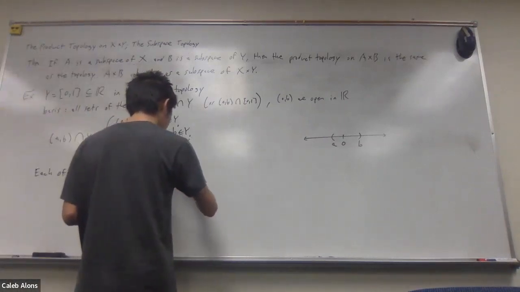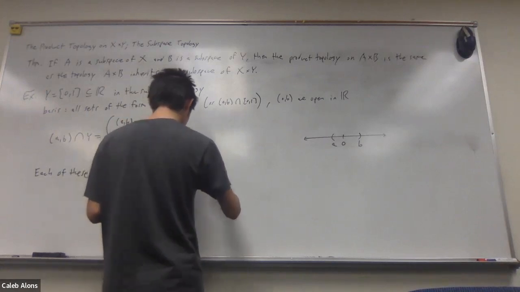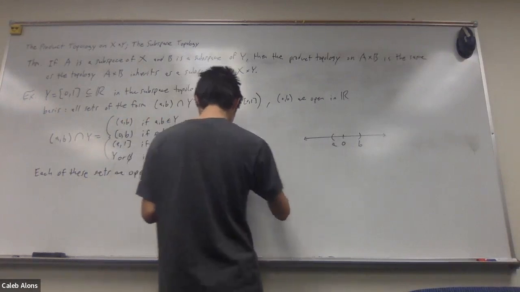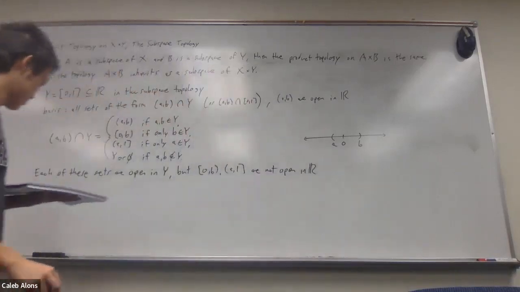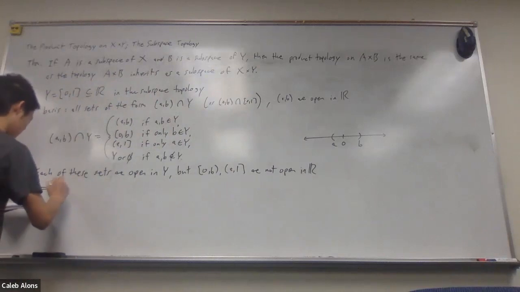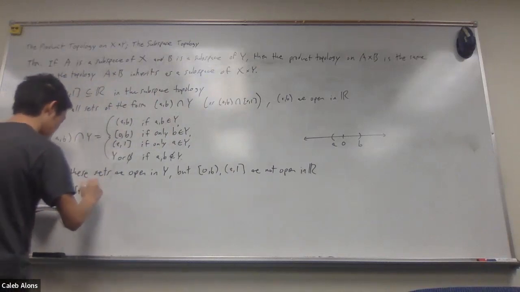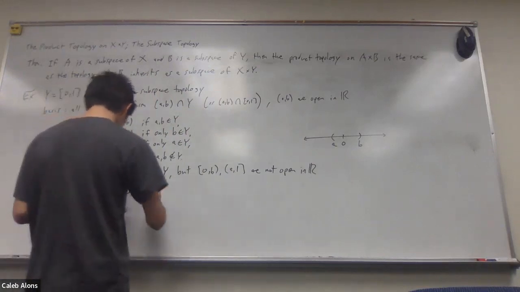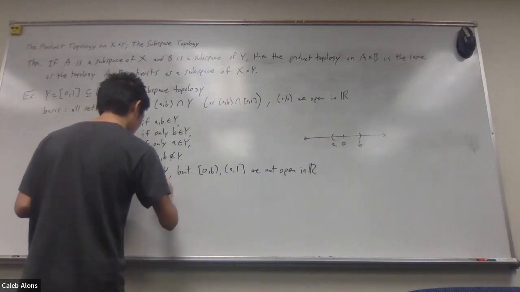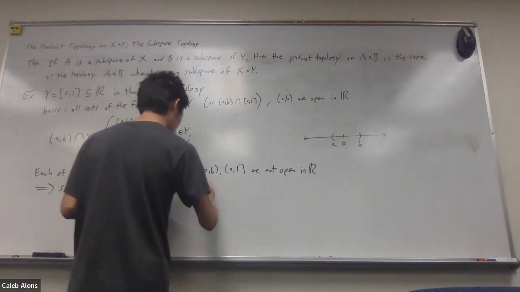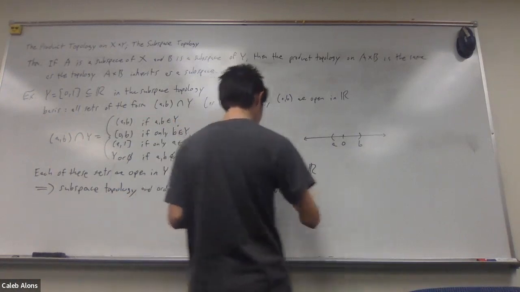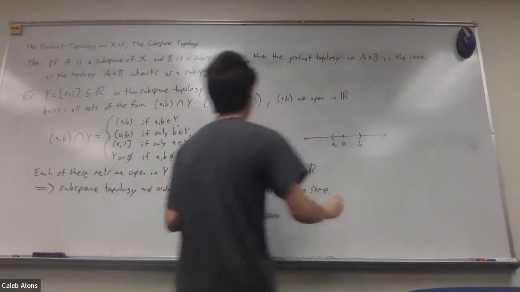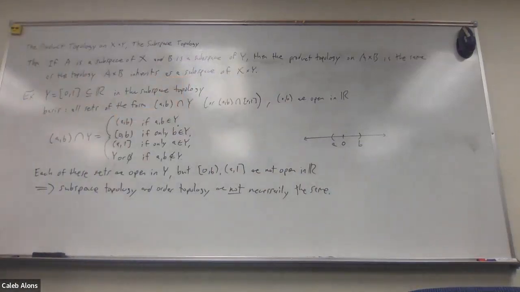But the half-open intervals [0,b) and (a,1] are not open in the order topology for R. So the subspace topology and the order topology are not necessarily the same, which is different from products: products always inherit the same topology, but the order topology does not.